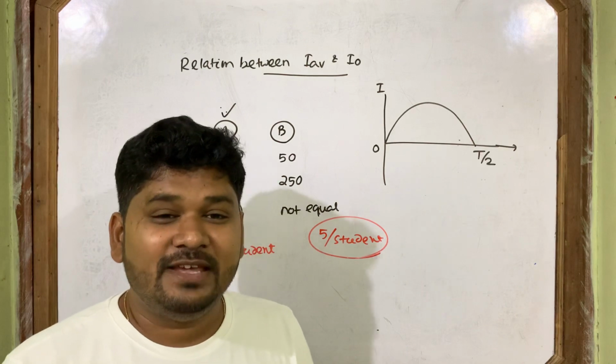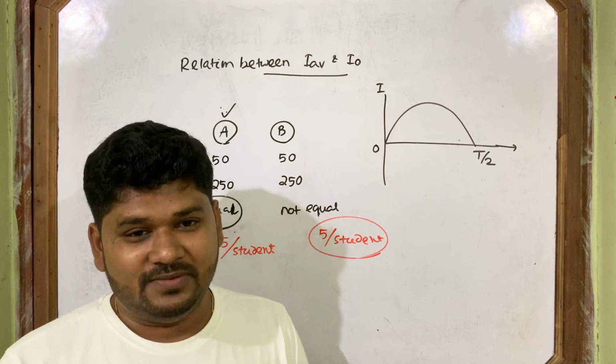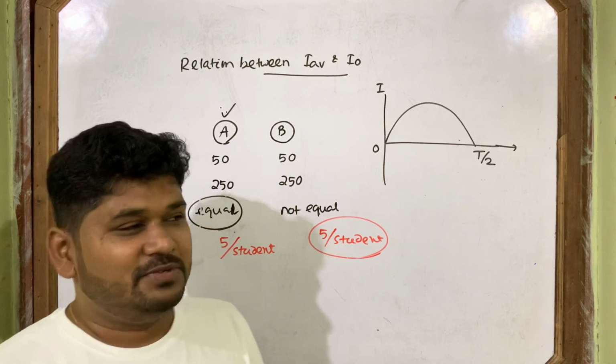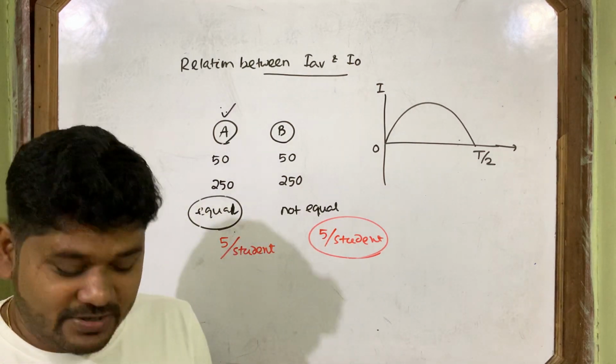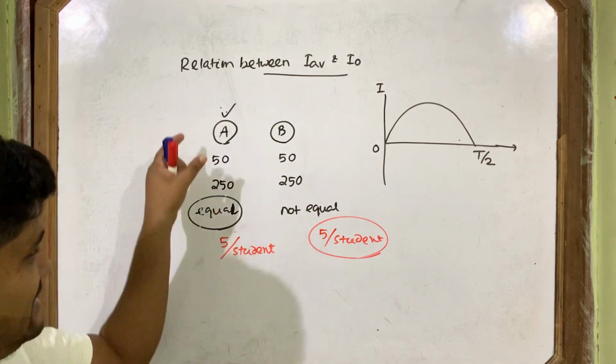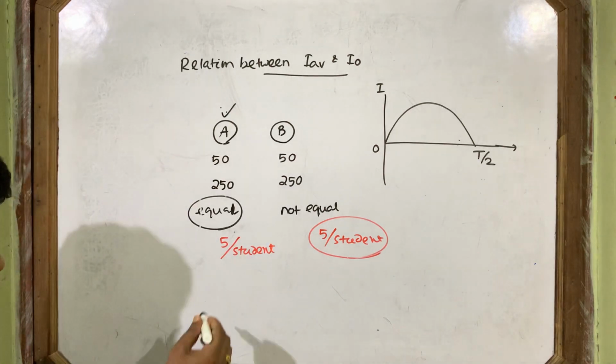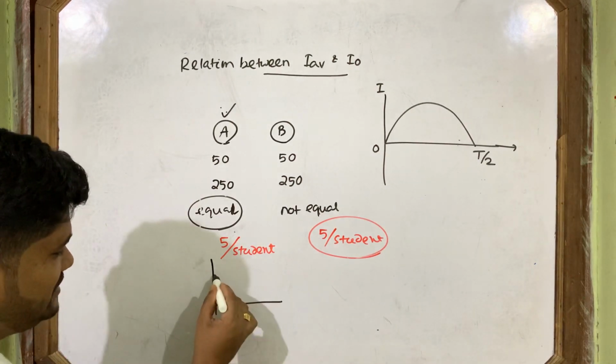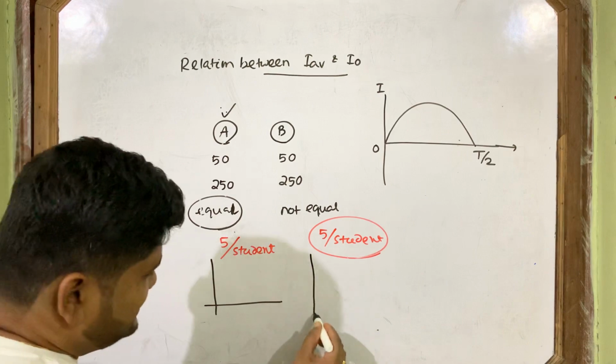The same thing we are going to do now. Why did I tell you this example? Can you tell me section A is compared to which current, and section B is compared to which current?